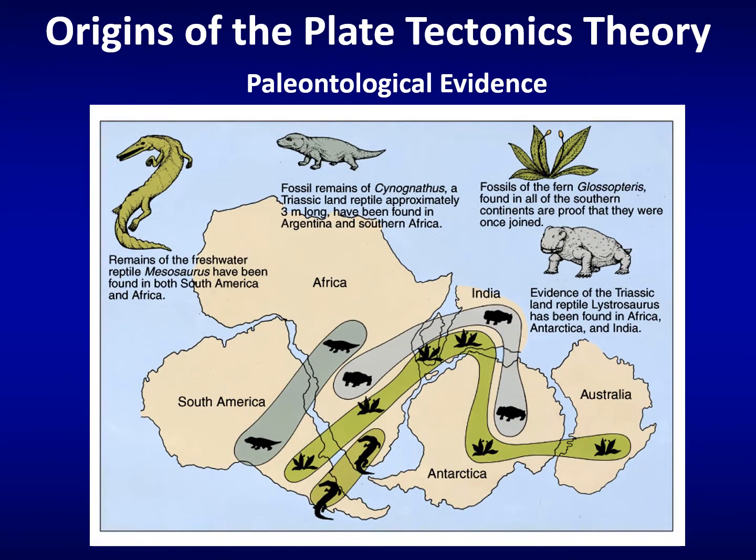The fossils present on each of these lands indicates that they must have once been together. There are several land reptiles that exist in both Africa and South America, and also some freshwater reptiles.